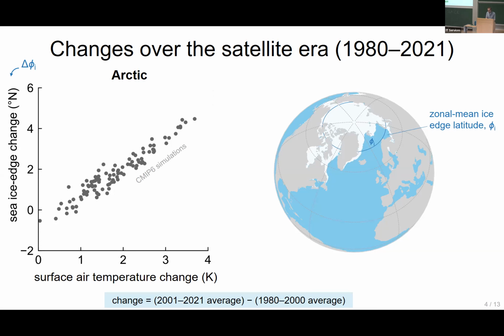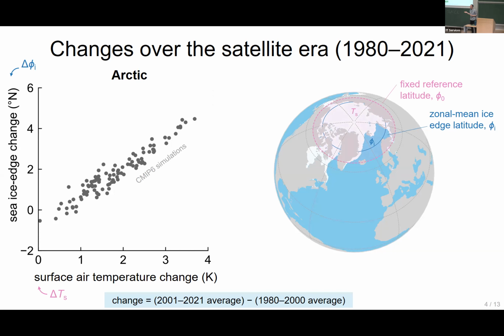For the horizontal axis, we are computing the average air temperature over a spherical cap. So we're just picking some fixed reference latitude, it's about 65 north. Our results are relatively insensitive to this.